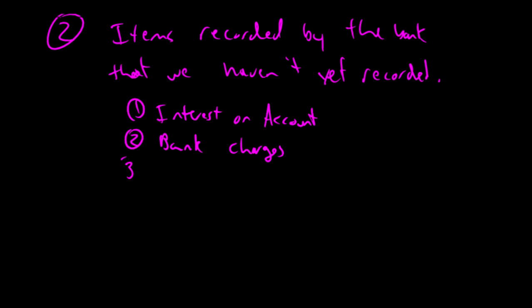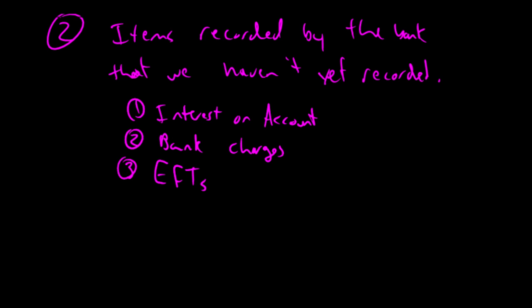Other common examples, EFTs, electronic funds transfers. So every month I have a mortgage payment that comes out of my bank account automatically. Companies' accounting systems are built around getting invoiced for stuff. They get the invoice, they pay the invoice, they record the journal entry. Well, if it automatically is coming out of the bank, they may not have recorded it.